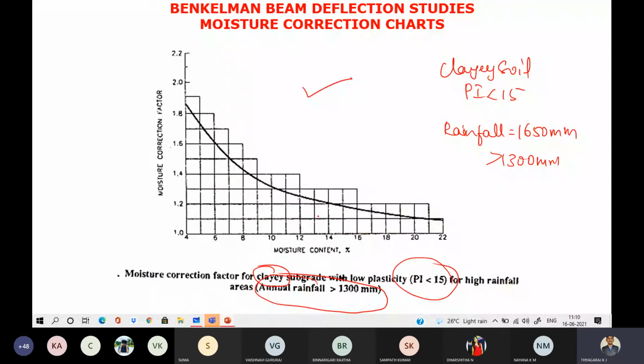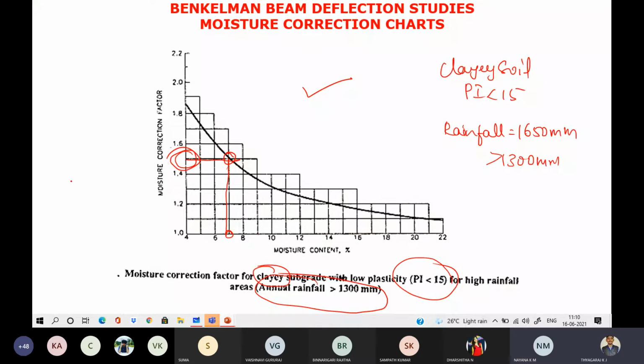What is the moisture content? 7. So it will cut the line here. Project like this. What is the value here?